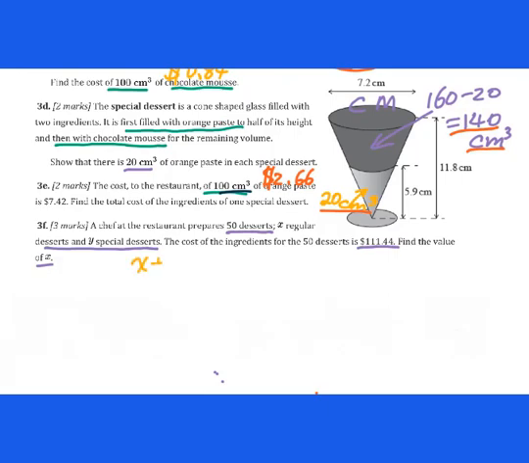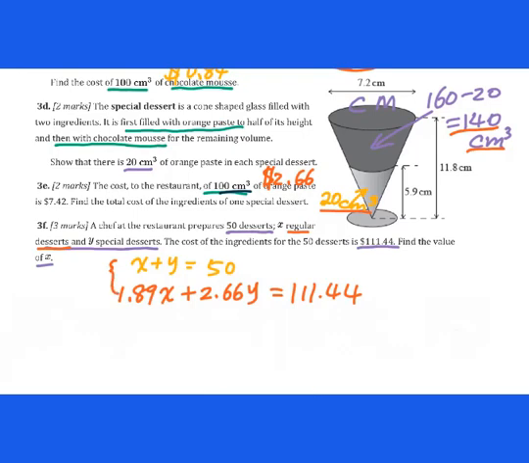So we have X plus Y equals 50. For regular desserts, we have $1.89 for each. Then we multiply by X, plus for this special dessert is $2.66 times Y equals 111.44.